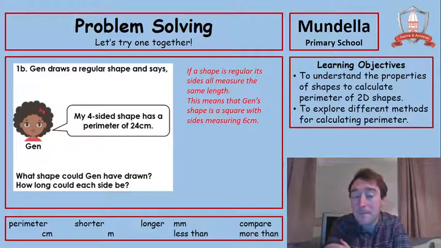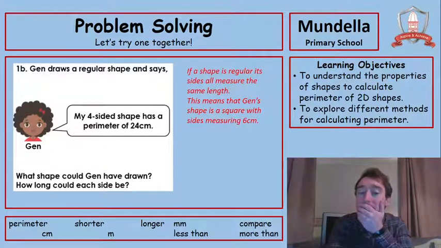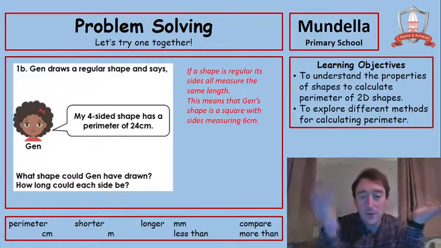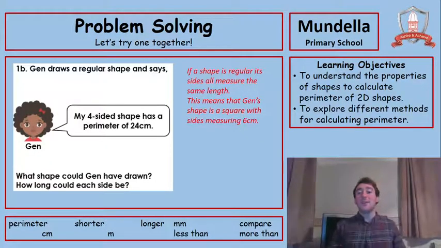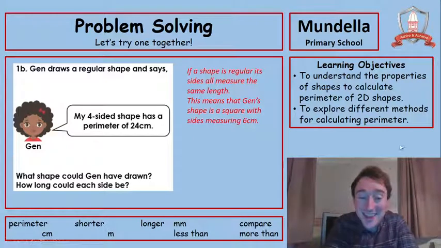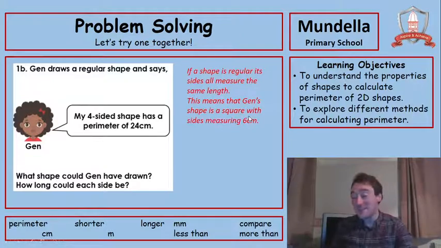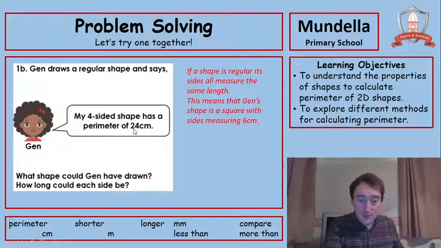But we do know that she's drawn a regular shape. And if a shape is regular, then surely all sides measure the same length. And that must mean that there is only one answer, which means that Jen's shape is a square, because it's a regular shape, which means you only need to know the length of one of the sides, which means that if there are 4 sides, and it makes up to 24.